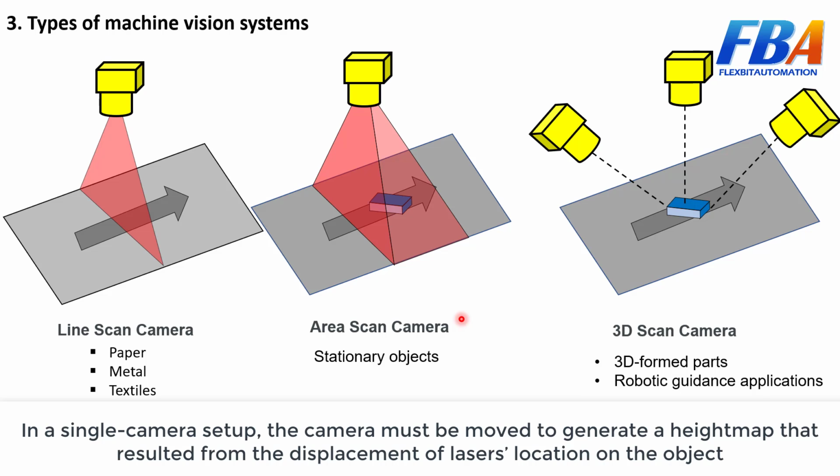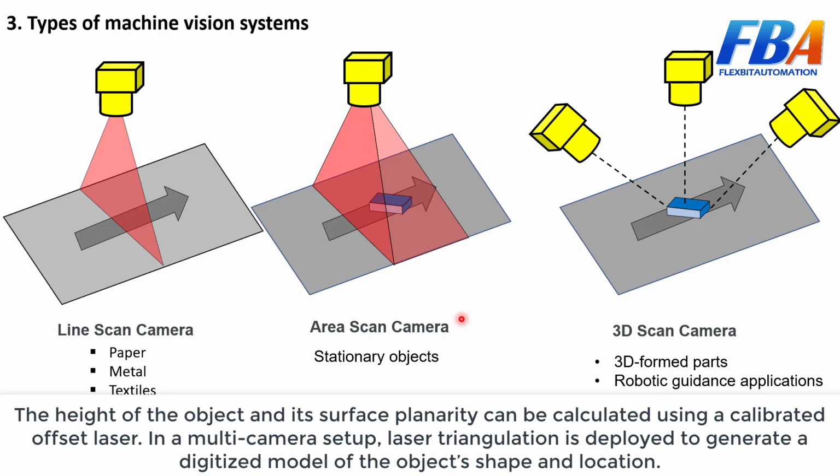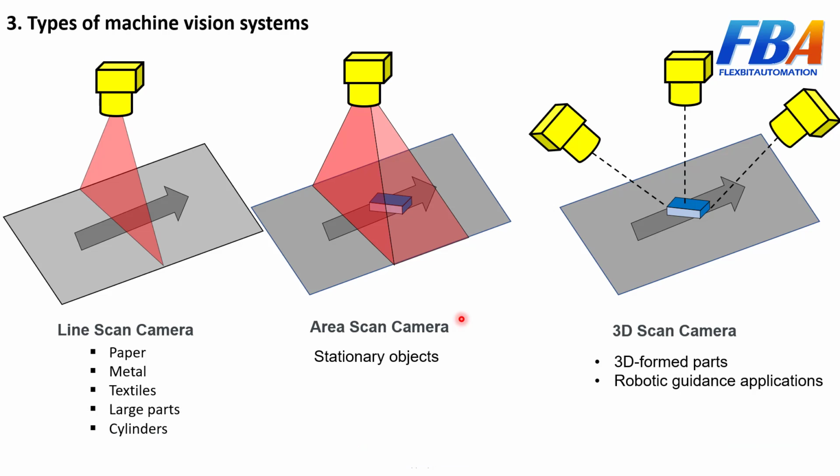The location on the object, the height of the object, and its surface planarity can be calculated using a calibrated offset laser. In a multi-camera setup, laser triangulation is deployed to generate a digitized model of the object, shape, and location. 3D scan cameras are ideal for inspecting 3D form bags and robotic guidance applications.